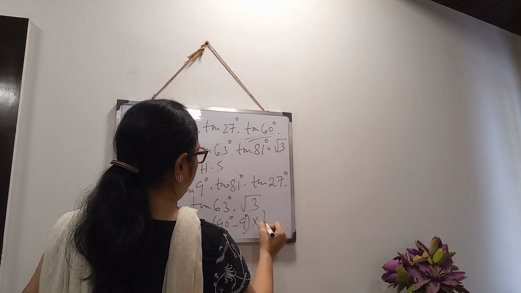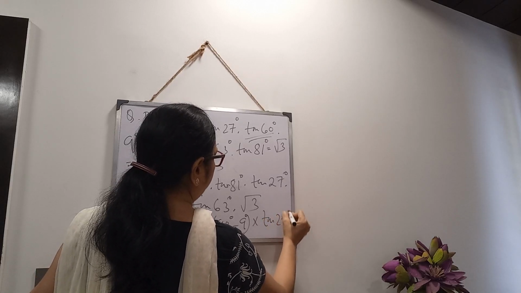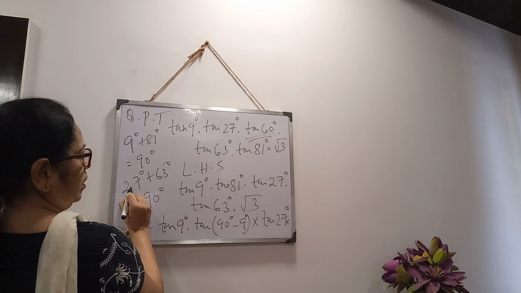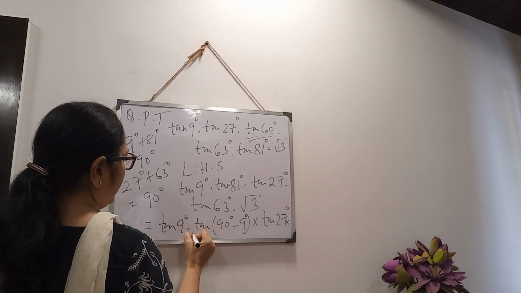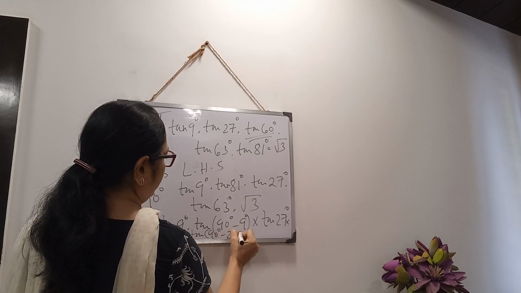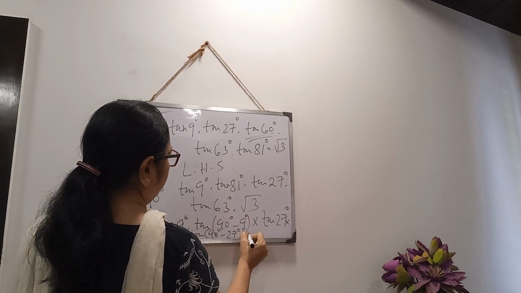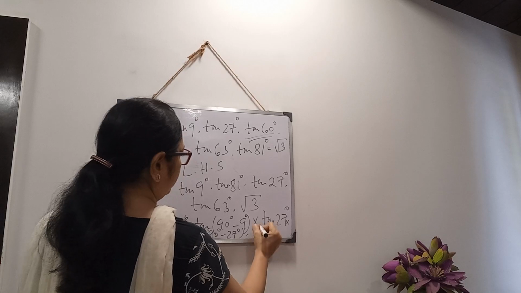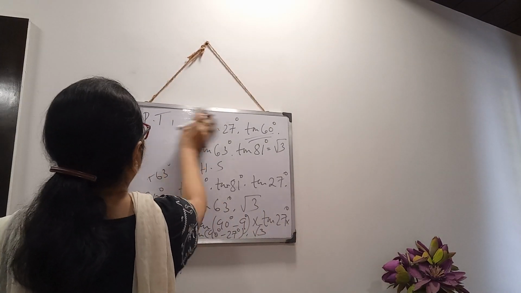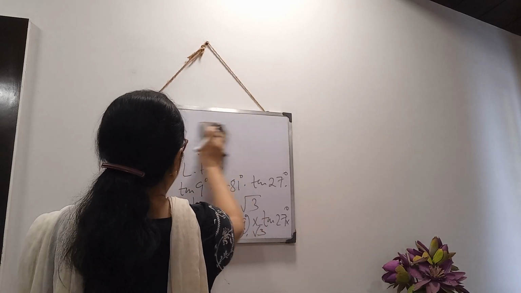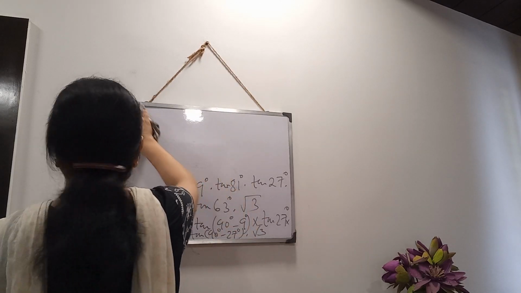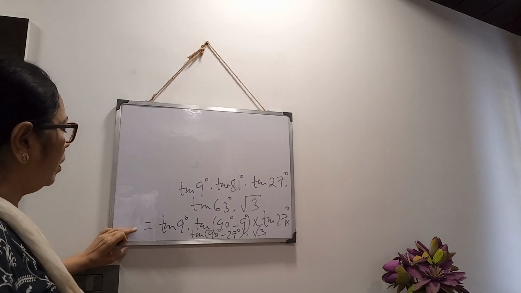Here also, tan 63 degree means tan of 90 minus 27 degree, and this value is root over 3. Clear? Then what to do?